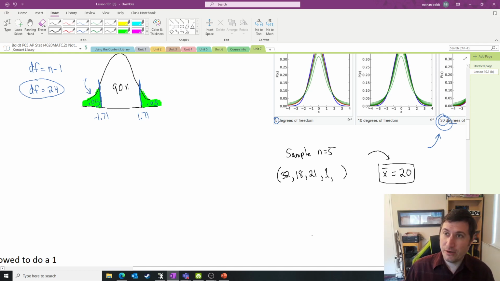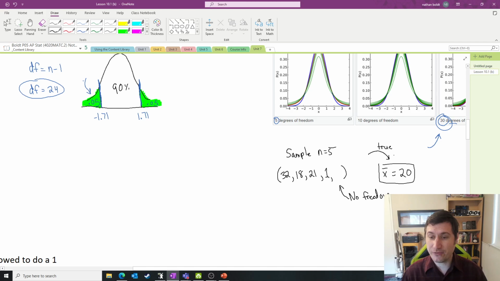But now my fifth number does not have freedom. That fifth number cannot be any number it wants to be. If the average is going to be 20, this fifth number is locked into place now. It is locked into place.